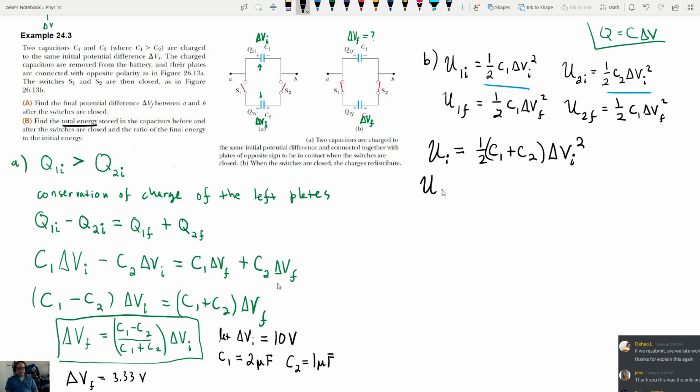And then when we do U final, we're going to get 1/2 C1 plus C2 delta V final squared. But we know what delta V final is, so we can plug that in here.